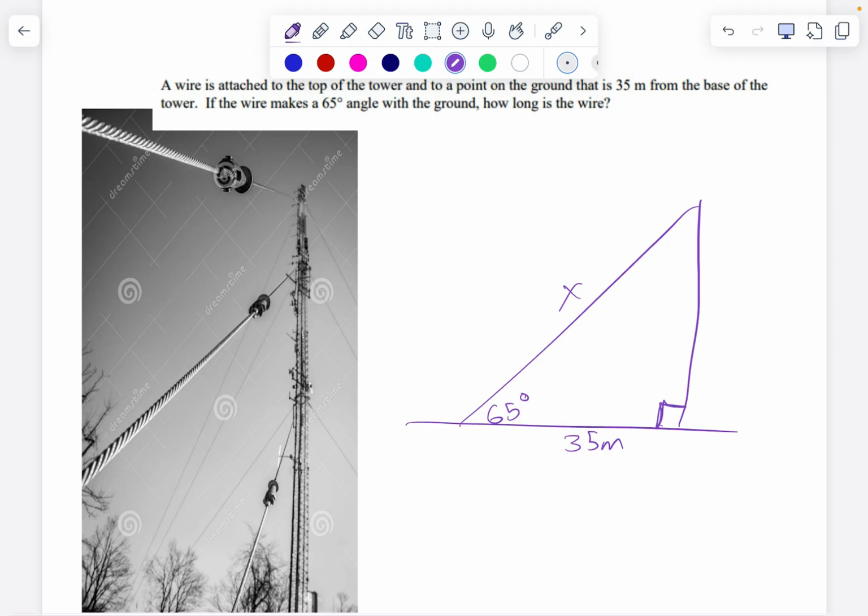I mean, this tower is going to be perpendicular to the ground, right? So now what would you use? Trig ratio, right? Which one? Cosine, right? 35 is adjacent to 65, so 35 over x would be our ratio.